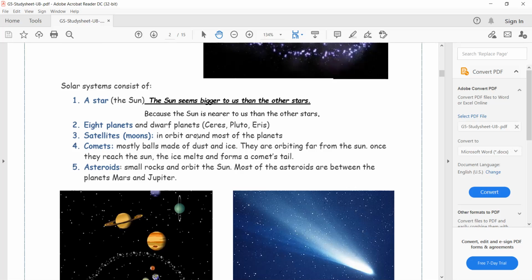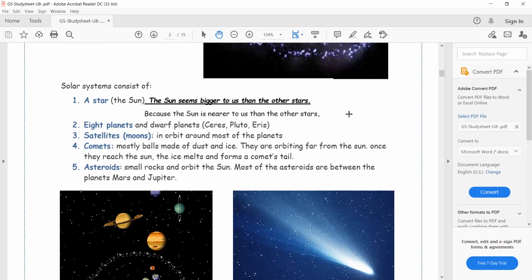Our planet, the Earth, has just one moon, which is called Luna. Some other planets have more than one moon, like Mars. Mars has 2 moons, and their names are, by the way, Phobos and Deimos. Other planets, like Jupiter, have about 67 moons.